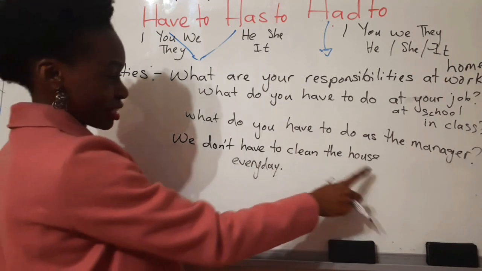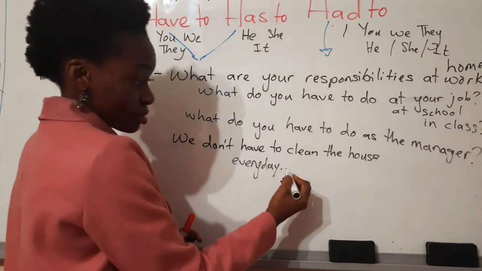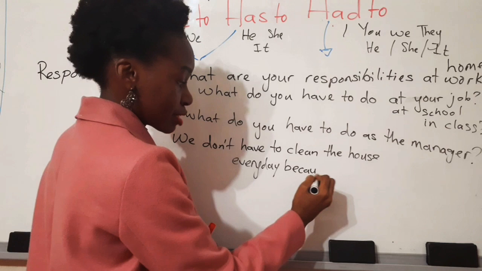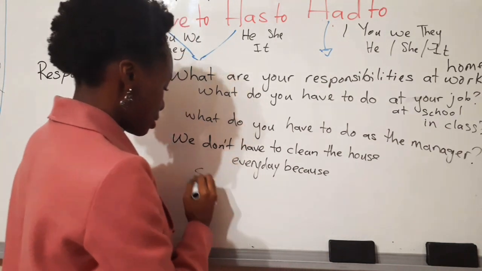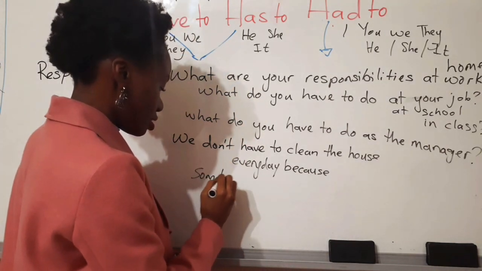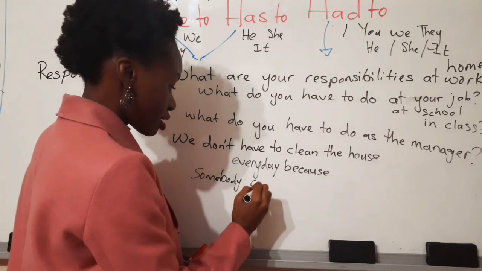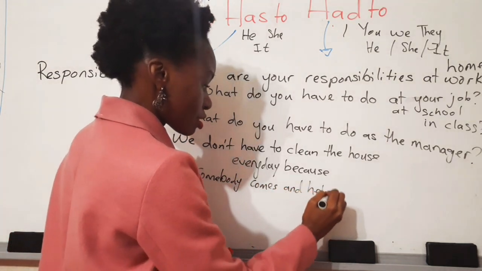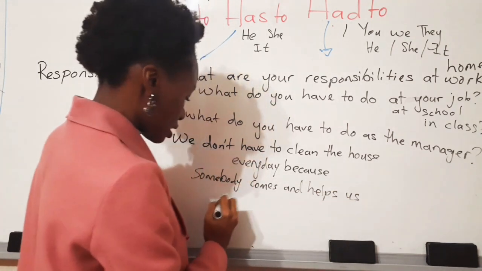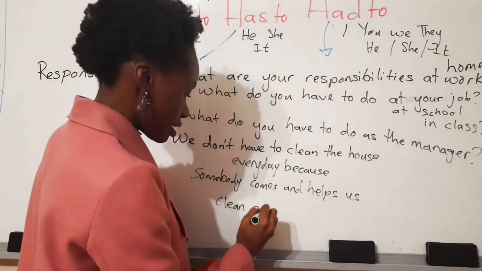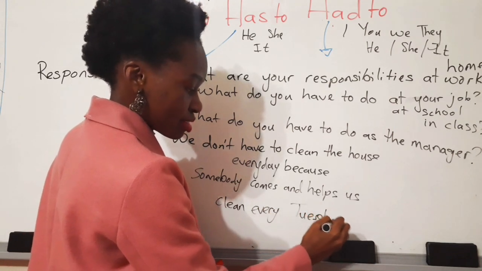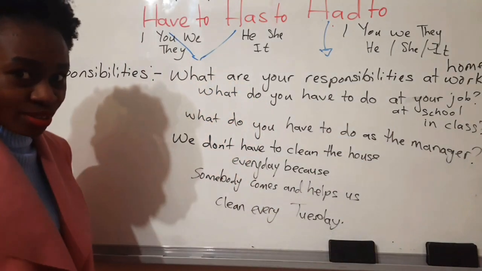So we don't have to clean the house every day because somebody comes to our home and helps us do that. Because somebody comes and helps us clean every Tuesday, for example.